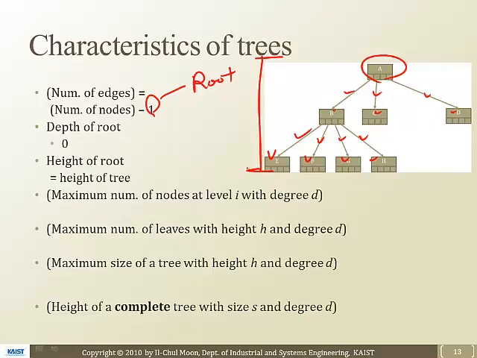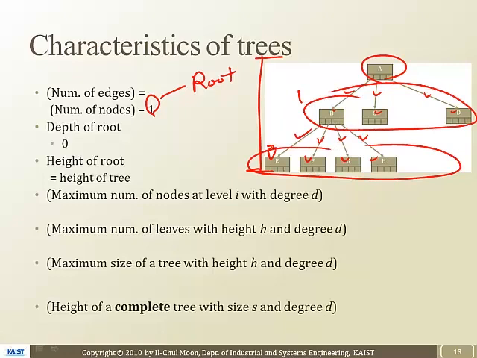Having said that, the maximum number of nodes at level i, level means like this, right? This is level 1, this is level 2, this is level 0. And the maximum number of nodes at level i with degree D, how can you calculate this? It happens to have D^0, D^1, and D^2. That means that's D^i, right? It's going to be D^i.